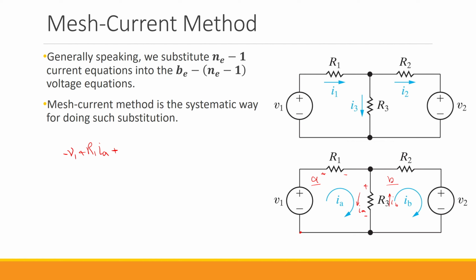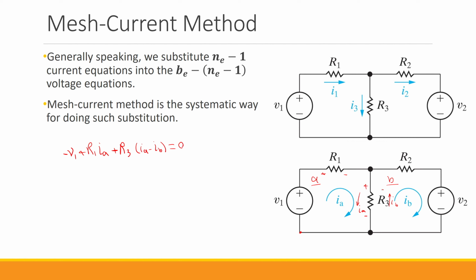The answer to that is very simple. It's going to be IA minus IB. So we have R3 multiplied by IA minus IB. And by doing that, we got to the first point of our mesh.